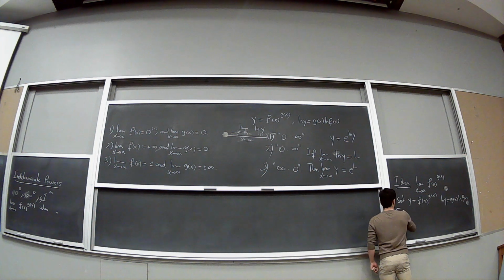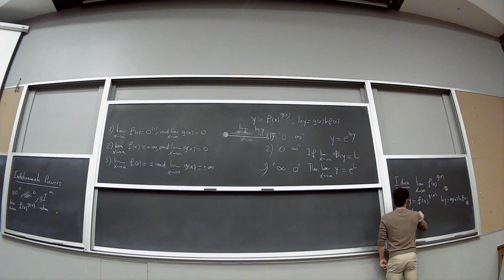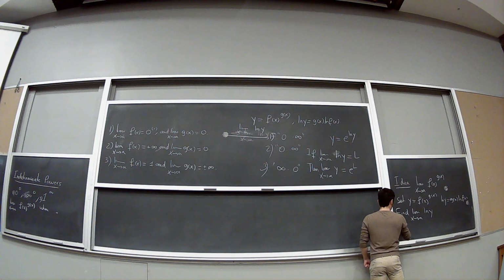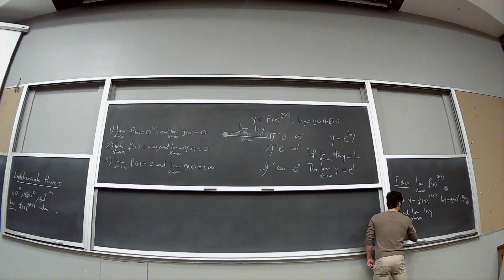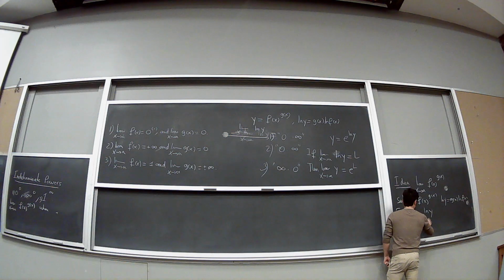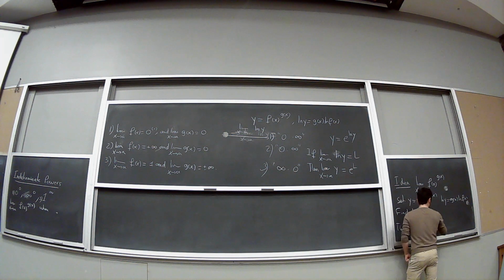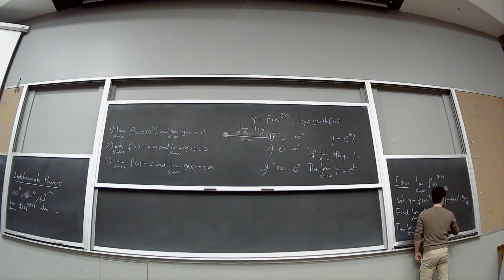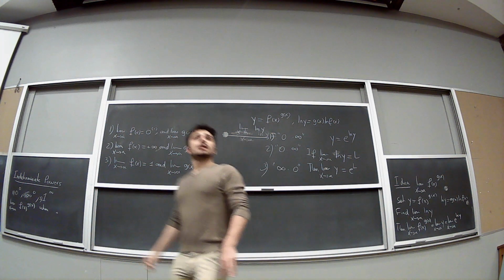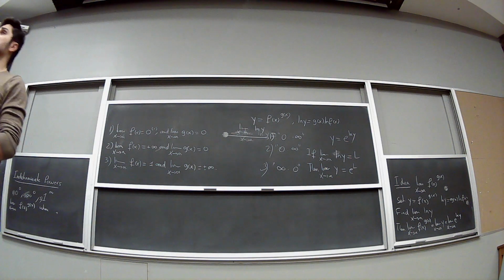Then find the limit as x goes to a of ln y, then the limit as x goes to a of f of x to the g of x is equal to the limit as x goes to a of y, which is e to the limit. Okay, are we good here? Is that clear?